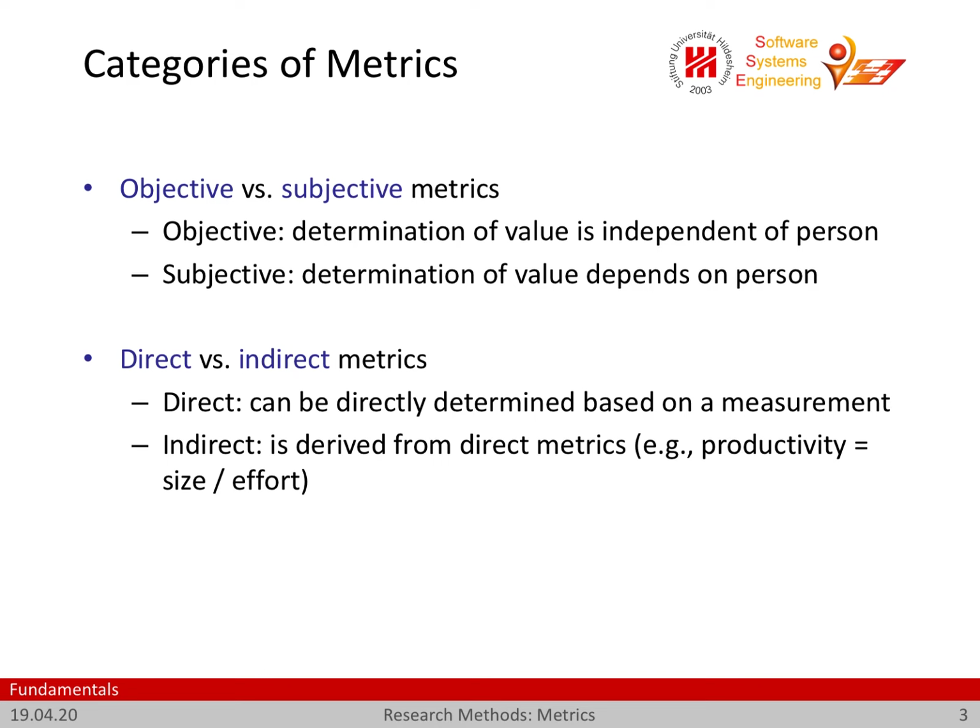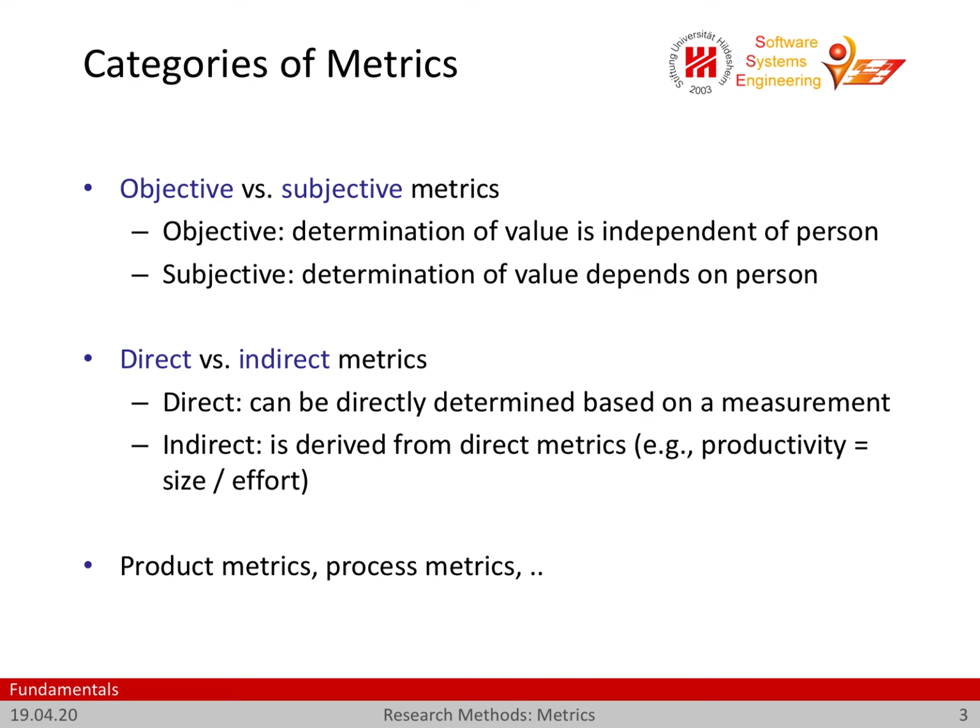For example, productivity in software development is often measured as number of lines of code divided by effort to achieve that. I don't want to start an argument right now whether that is a meaningful way of defining developer productivity. I'm just stating the fact that that's what you often may see.